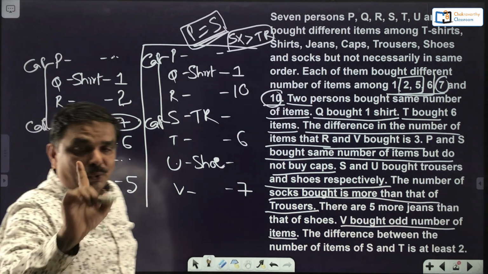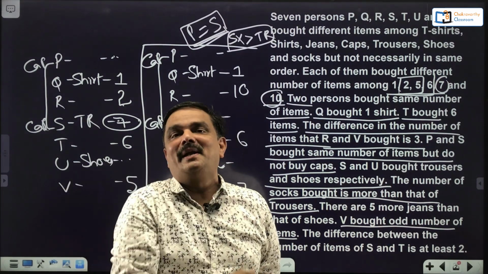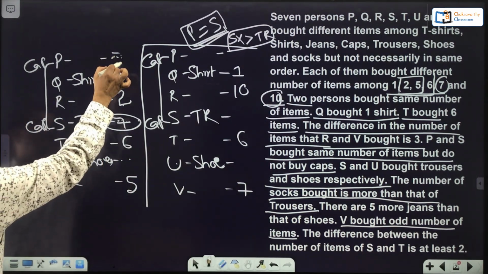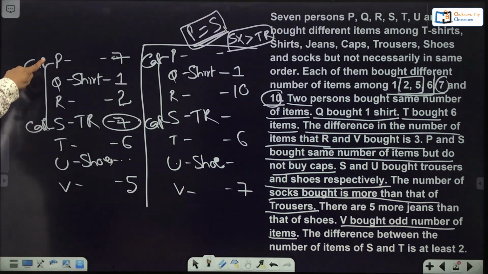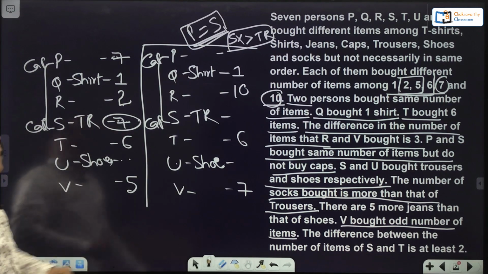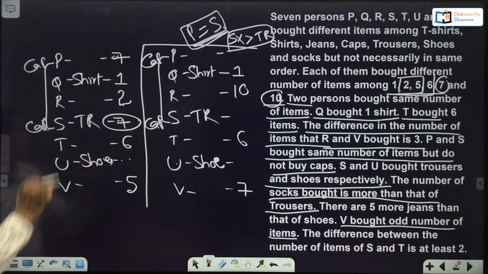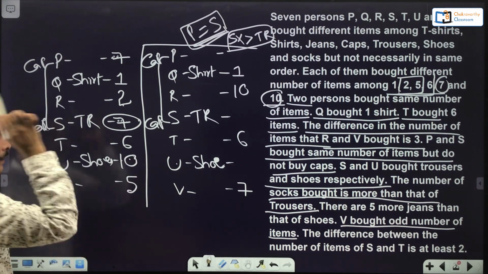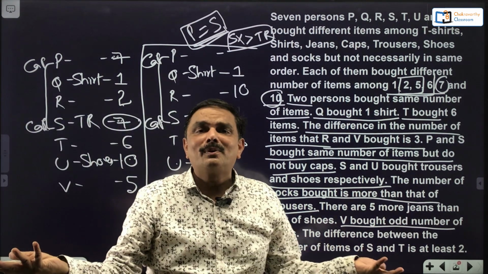Now think it over students, you have to go in depth. If I keep 7 here, it must also be 7 because P and S bought the same number of items. Now when you have given 7 and 7 here, the remaining number is 10, that must be accommodated here. But it is not possible. Why?